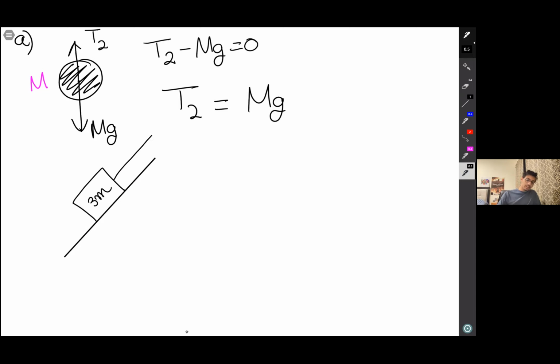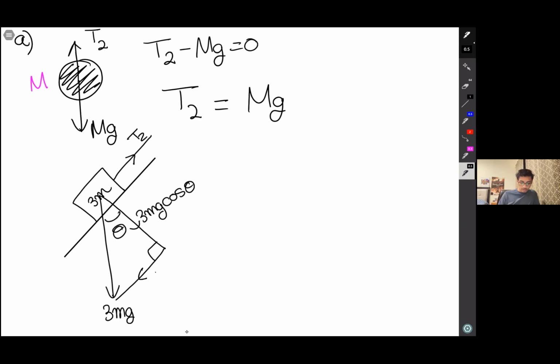It'll have a tension here of T2, the same T2 over here. And obviously it's going to have a downward component of gravity of 3mg. Let's separate that out into its components, one perpendicular, one parallel. This is theta here. So downwards here will be 3mg cos theta.